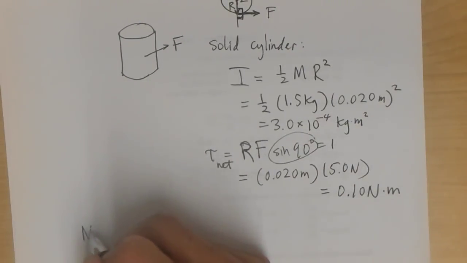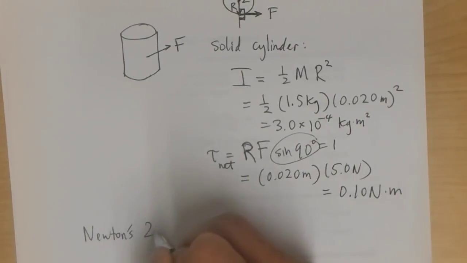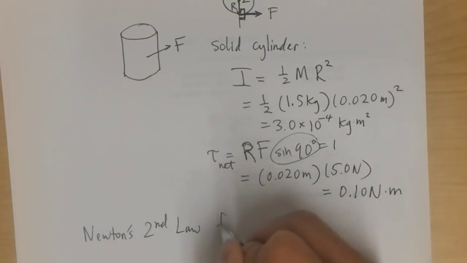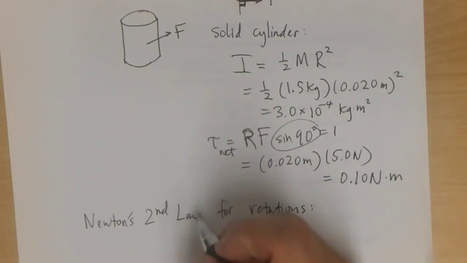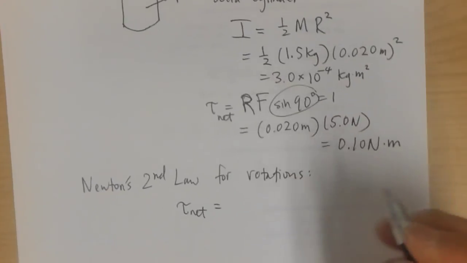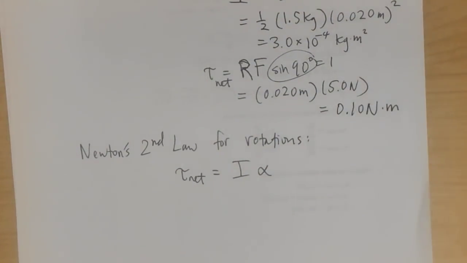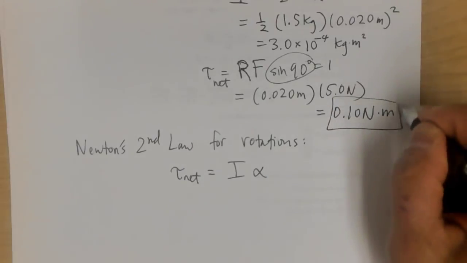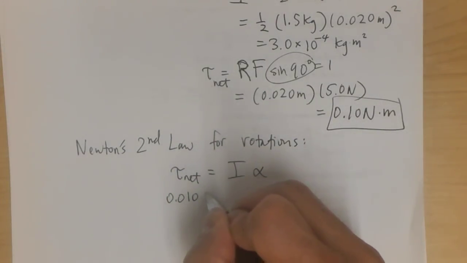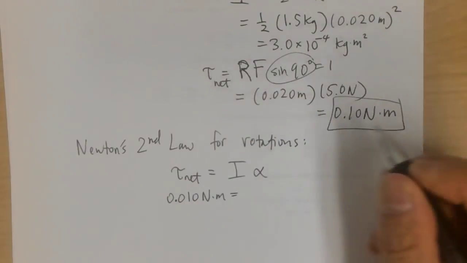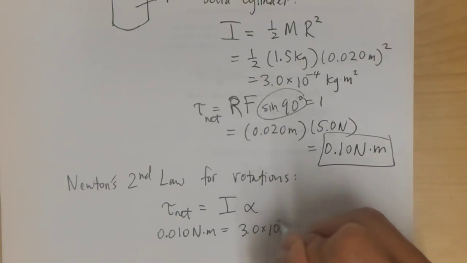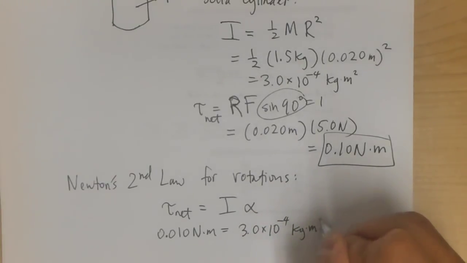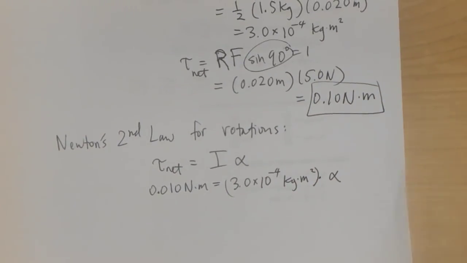And now let's use Newton's second law for rotations. For the angular case, we have tau net is equal to the moment of inertia times the angular acceleration. I, we found, was 3.0 times 10 to the minus 4 kilograms meters squared, times the angular acceleration.